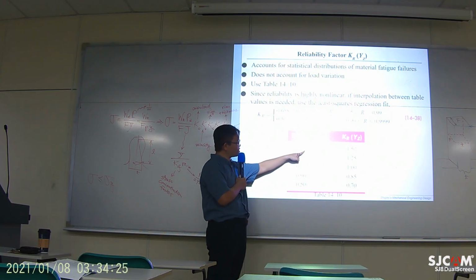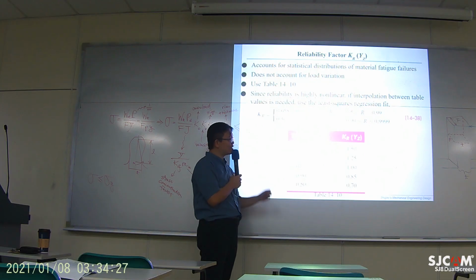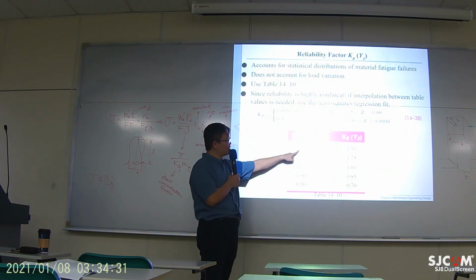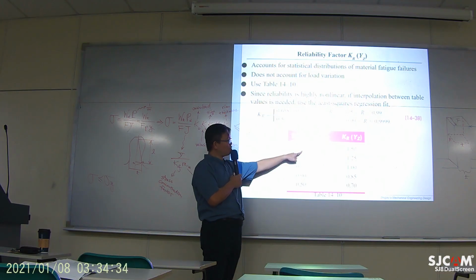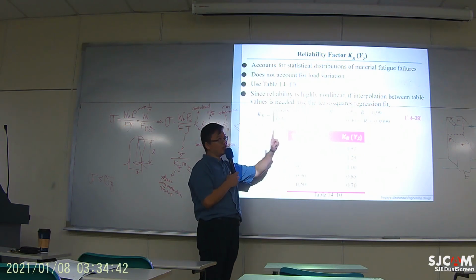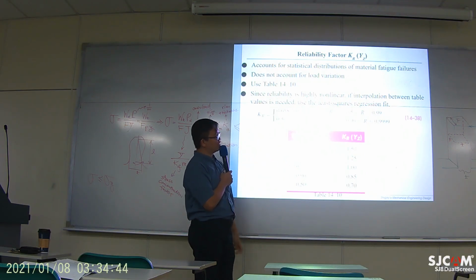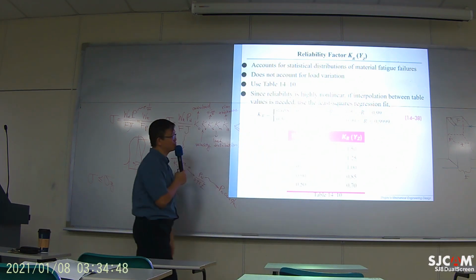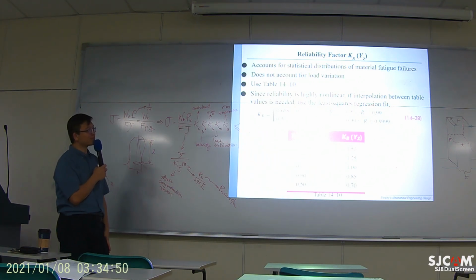If you need more nines, that means usually after millions of cycles, you still need 99.99% reliability. So that means when you have 10,000 gears, you only allow one failure. If that's the case, your KR is 1.5. Okay? Something like that.